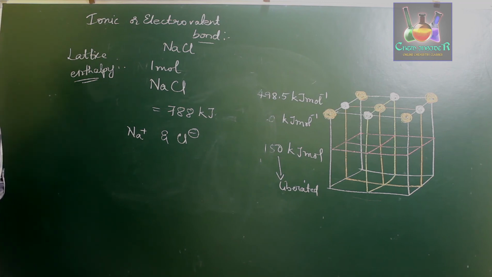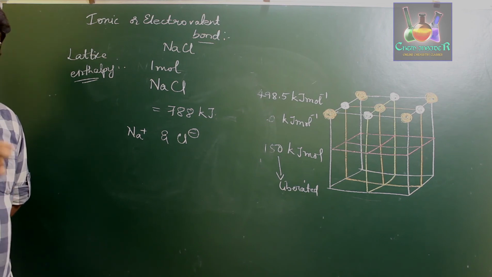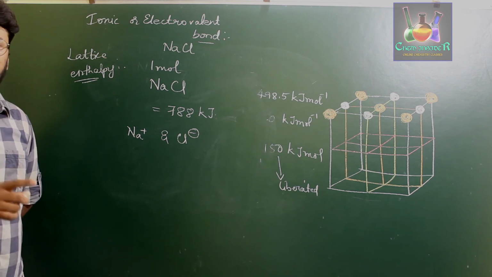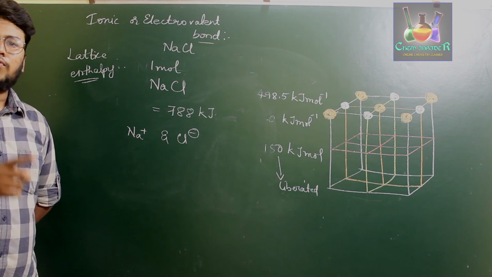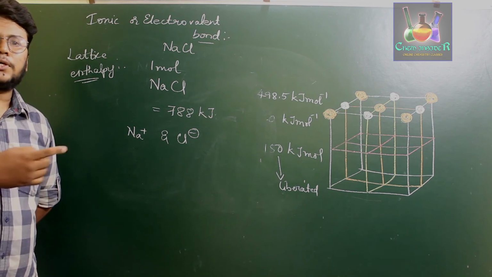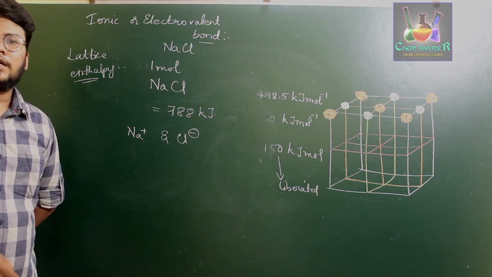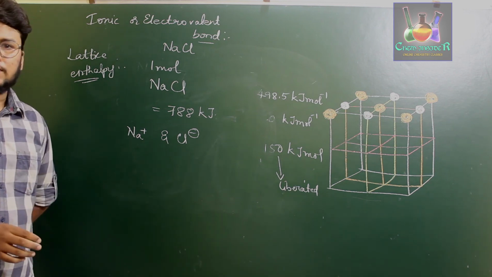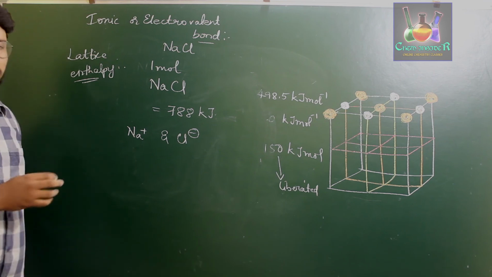In a simple way, it is the energy required to break the bonds of 1 mole of an ionic compound and separate its gaseous ion components to an infinite distance. That is what lattice enthalpy says.